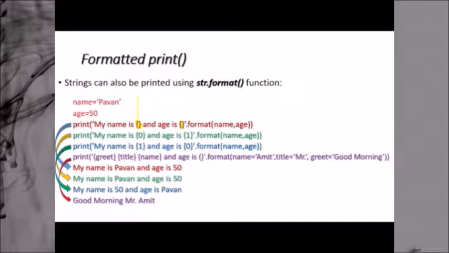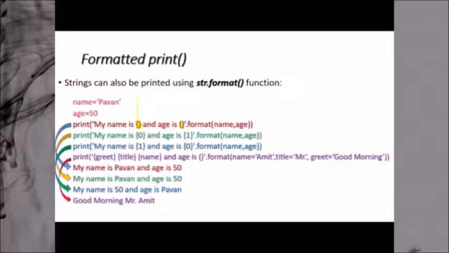If you see, print greet, title, name. I want to print greeting, title and name. Greeting like good morning, good evening. Title like Mr., Mrs. Name like whatever the name of the person. And age is, then I want to display the age. Format name, Amit, title, Mr. Name is Amit, title is Mr., greet is good morning.